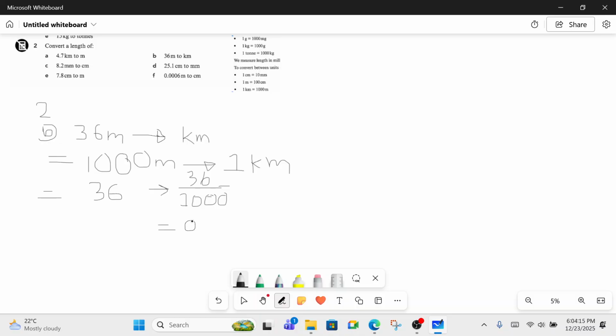So the answer will be 0.036 kilometers. Okay, this is our answer for question number 2B. Let's move to the next question.